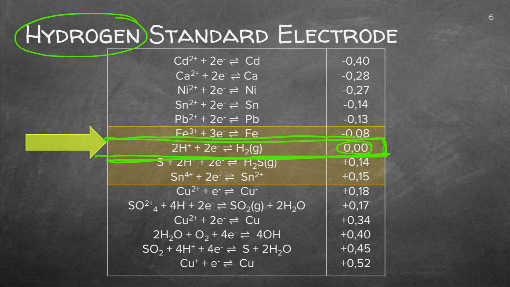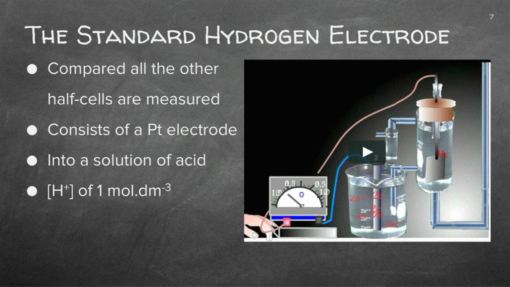So they use this as the standard, measuring it against the ones that are at the top and measuring it against the substances or the atoms or the ions at the bottom. So let's have a look at the standard hydrogen. Now remember, hydrogen is a gas.